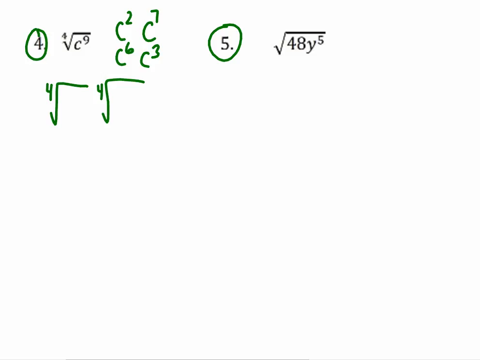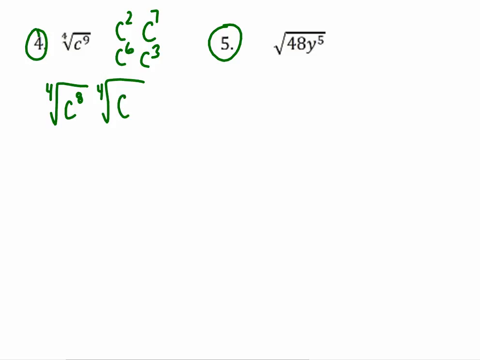How would we split it up if we want to fully simplify this? 8 and 1. So you want the largest multiple of 4 that we can take out of the 9, right? 4 and another 4 is 8. And then how many left over? Just 1. c to the 1.